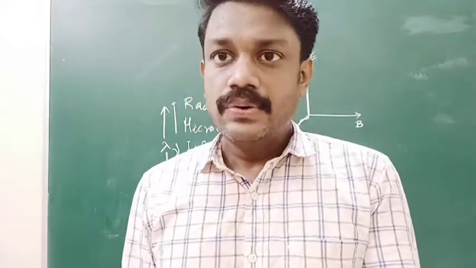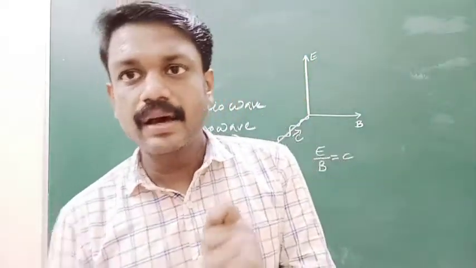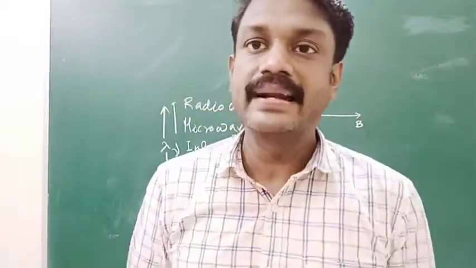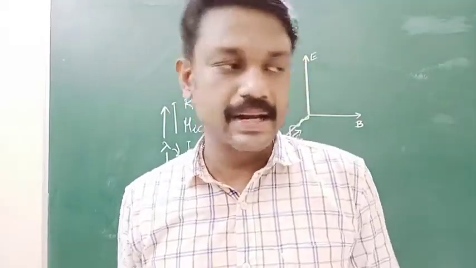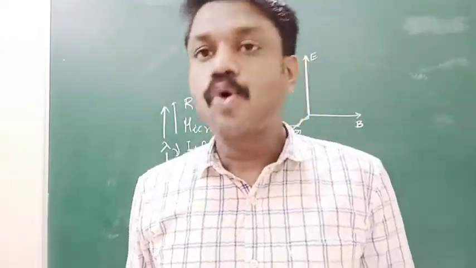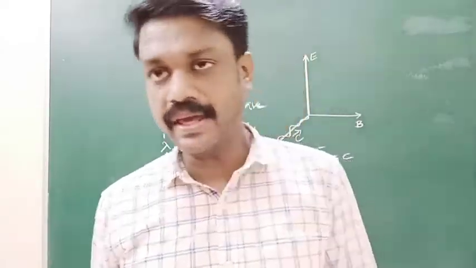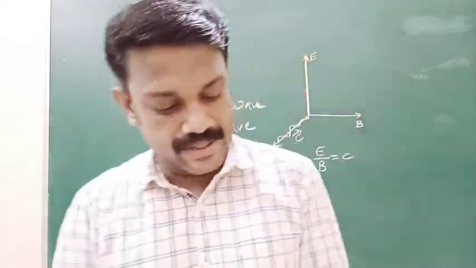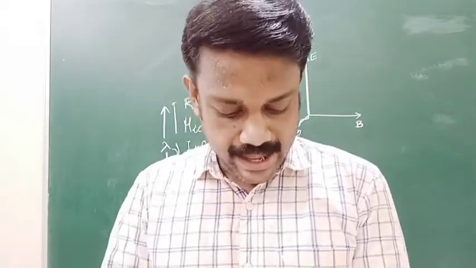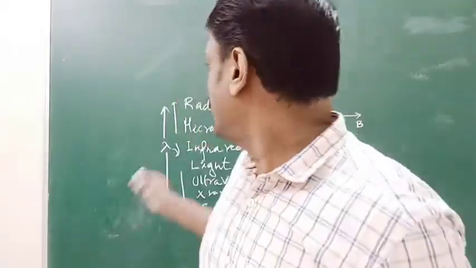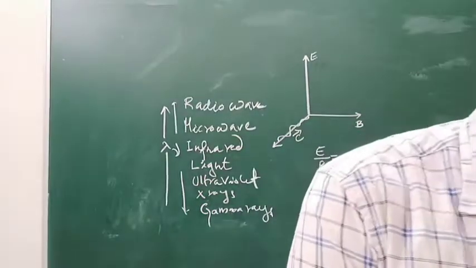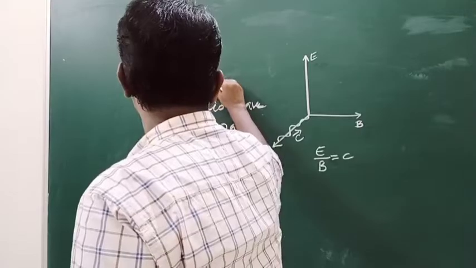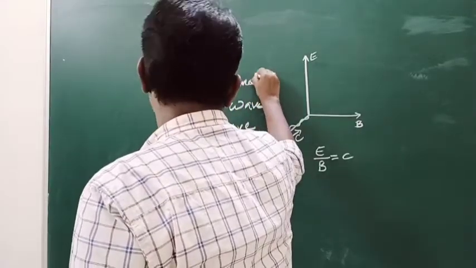Okay, now listen carefully. Now we are going to describe each member in this electromagnetic spectrum: their production, properties and uses. We start with the increasing order of frequency. The first one we take is long wave. In some books you can find these as amplitude modulated waves.